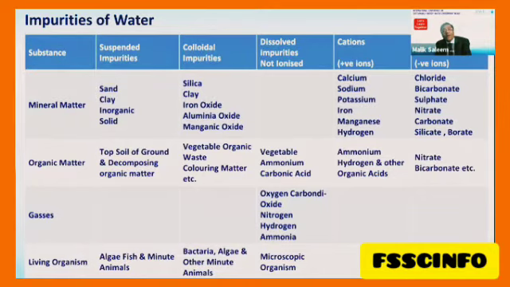These cations and anions are basically removed either by the ion exchange process or by membrane technology. And the impurities which are colloidal and suspended are removed by physical treatment, like filtration in sand filters, activated carbon, and multimedia.